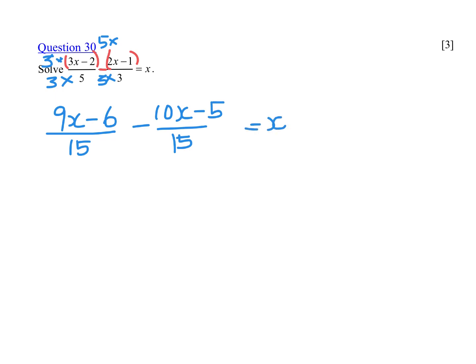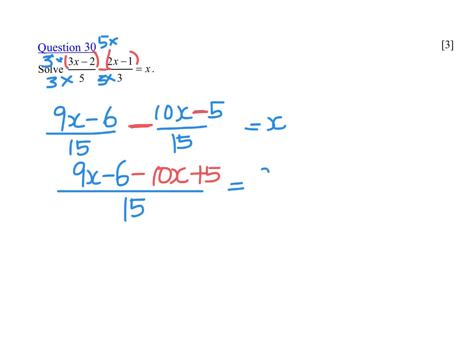Now here I have not combined them into one single fraction yet, so I'm going to combine them into one single fraction. 9x minus 6, no problem, but beware, minus 10, negative 10x minus negative 5, so it becomes positive 5, and equals to x. I shall place this x over 1 for cross multiplication later.